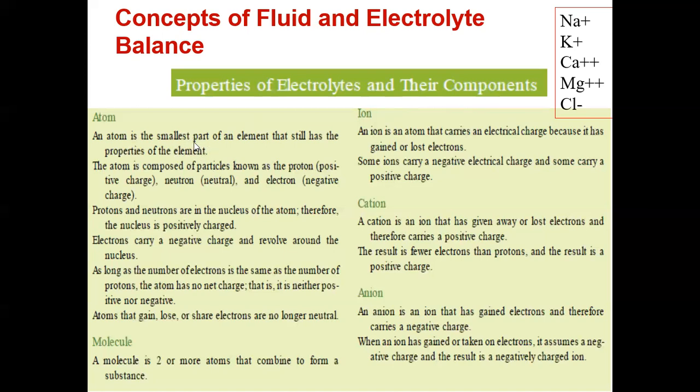When some atoms are put together, it is called a molecule. So a molecule is two or more atoms that combine to form a substance.